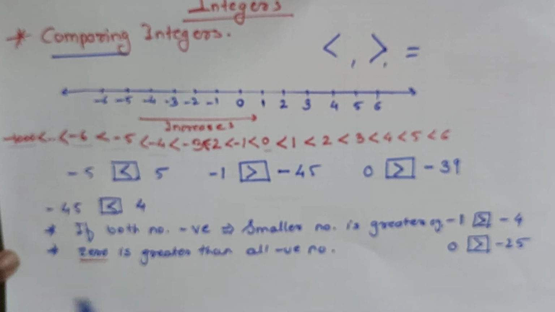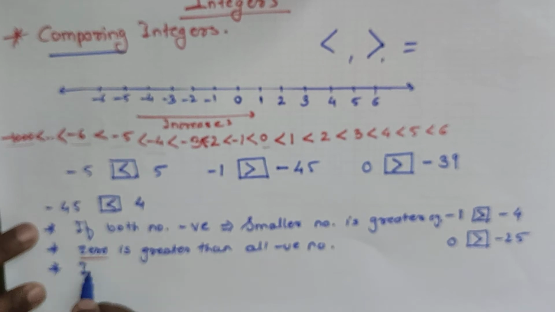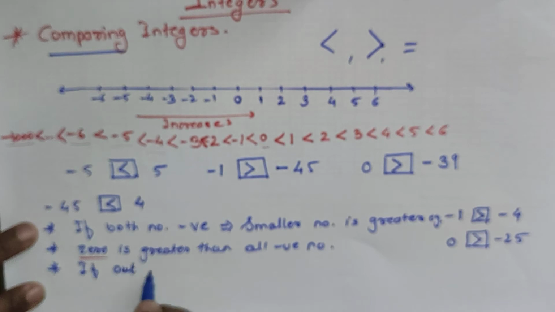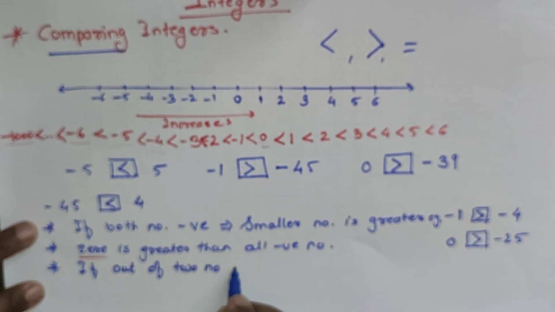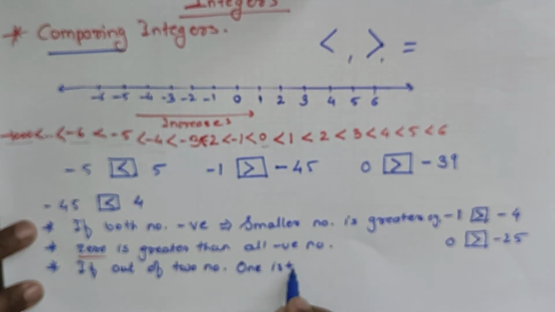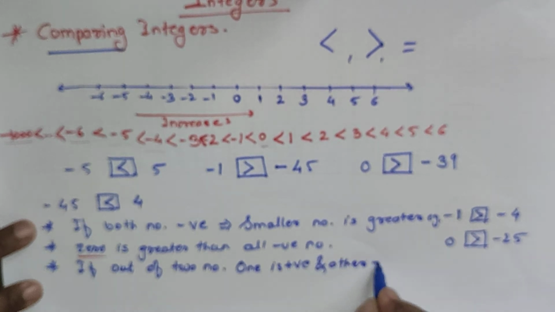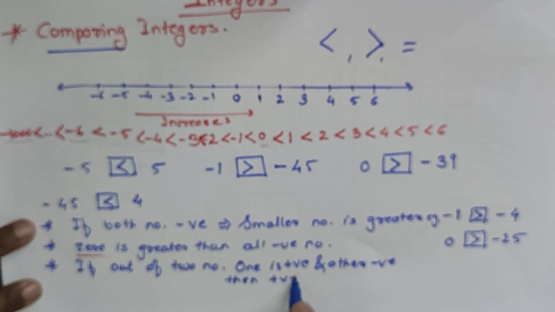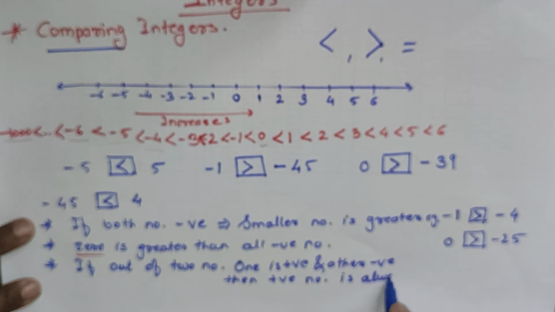The next point is, if out of two numbers, one number is positive and the other is negative, then the positive number is always greater.